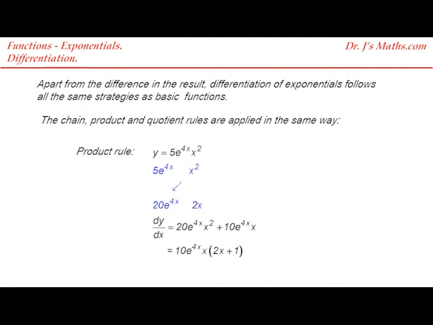If we have a function in which we have two pronumerals multiplied together, we're going to use the product rule. So we have y is equal to 5 e to the 4x times x squared.